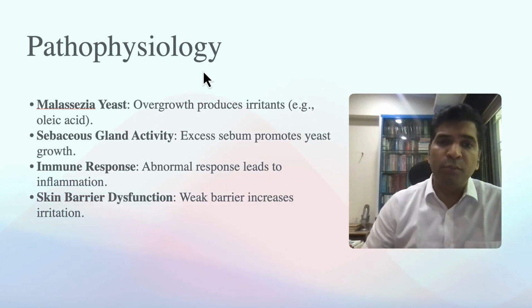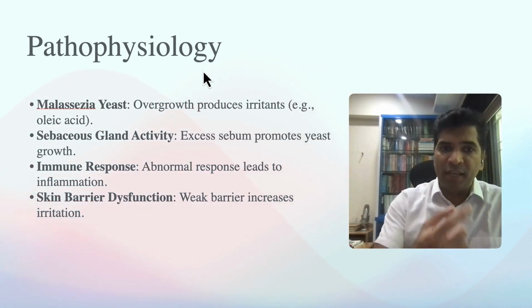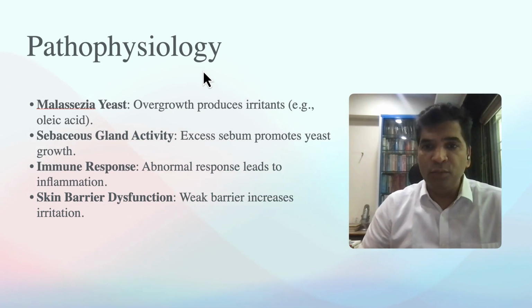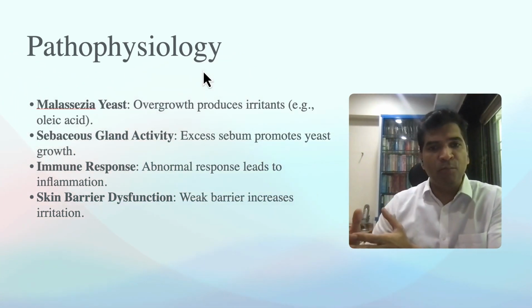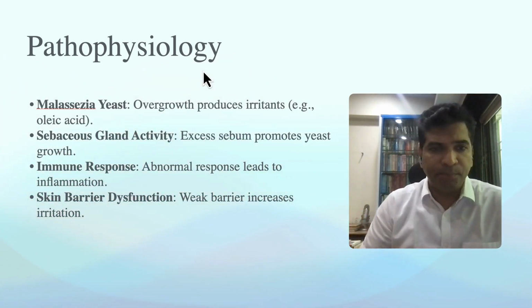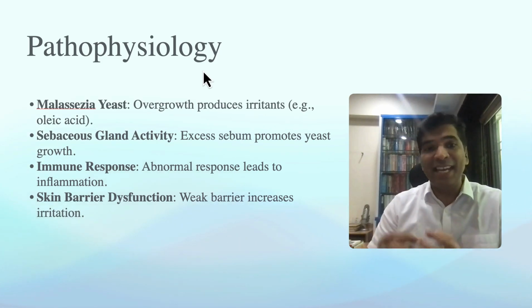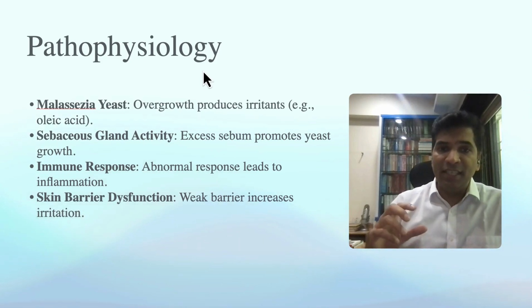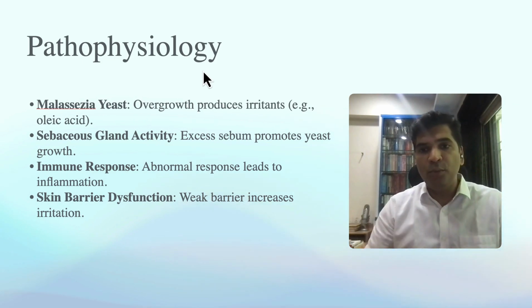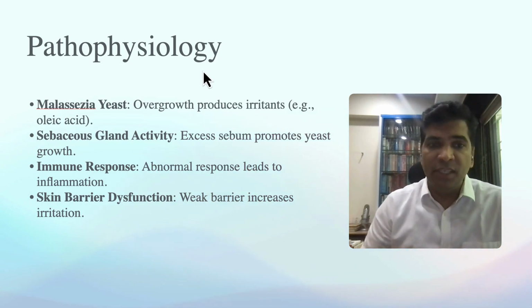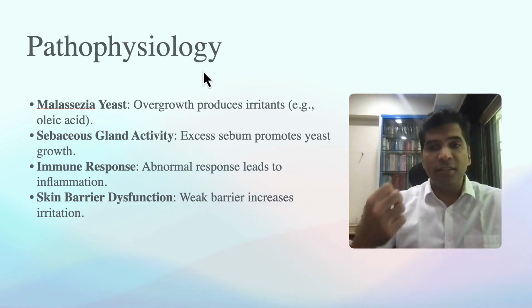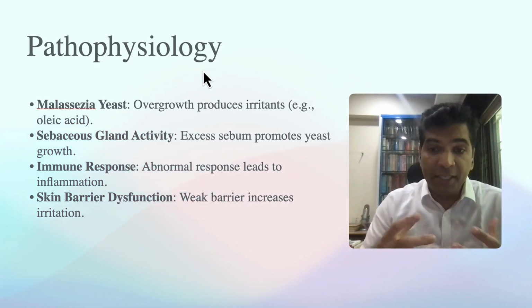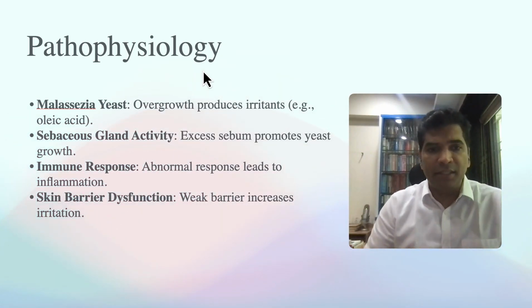The overgrowth produces irritants like oleic acid, which leads to seborrheic dermatitis. There is sebaceous gland activity, because excessive sebum is produced by the sebaceous glands, and there is yeast growth which causes inflammation and irritation, leading to dermatitis.